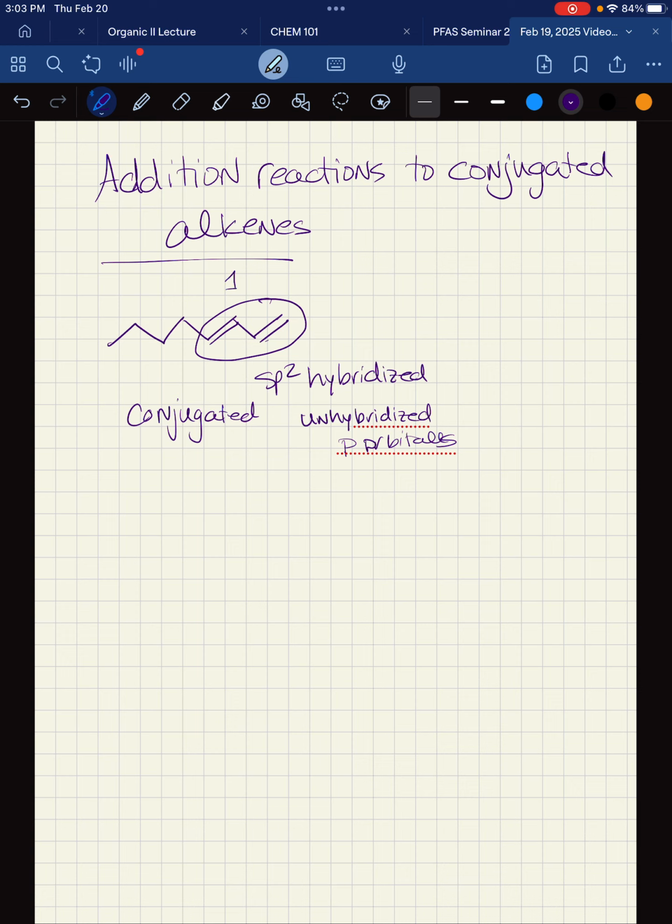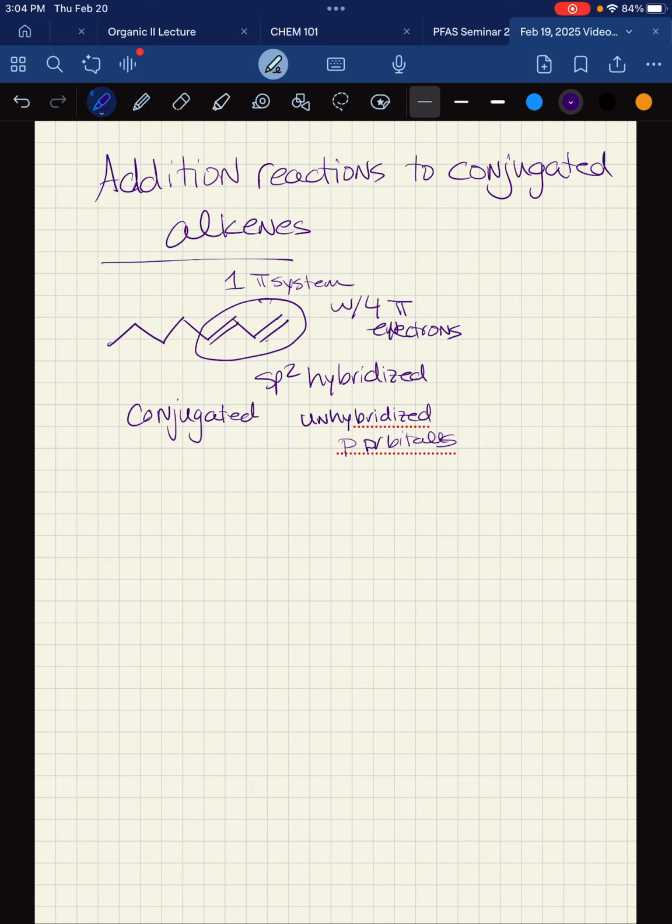So here we have 1 pi system with 4 pi electrons. And this alternating double and single or pi and single bond setup is what we call conjugation.